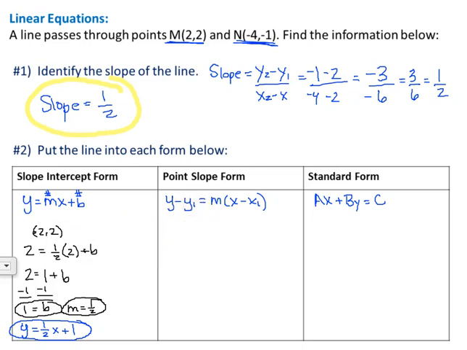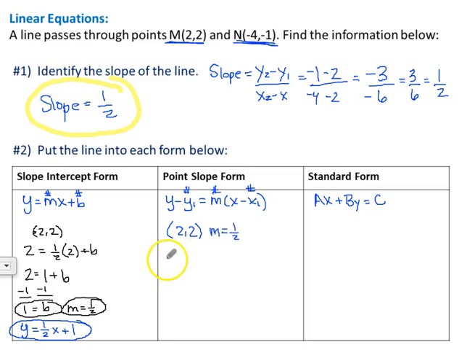Point slope form. This one I think is kind of easier to do. We're only going to substitute numbers in for y1, m, and x1. So let's choose one of our points. Let's go ahead and use that point again, (2, 2). So we know one of our points is (2, 2), and we know our slope is equal to 1/2.